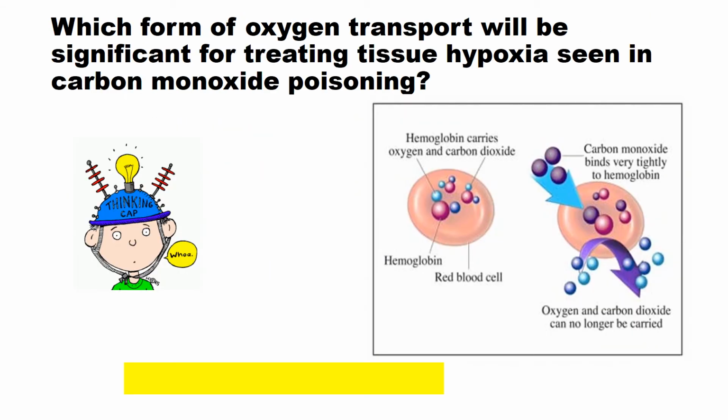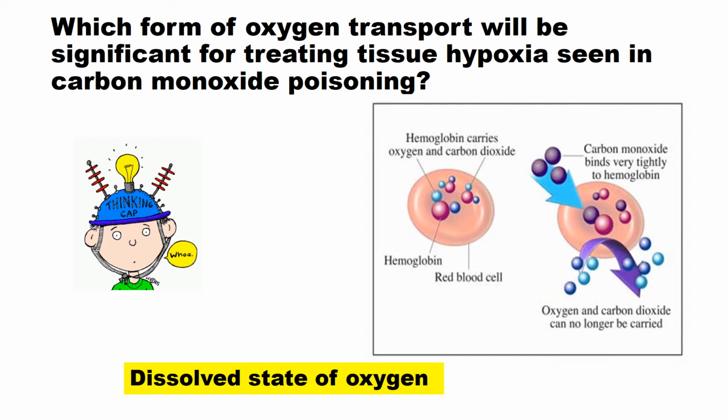Now the question is, which form of oxygen transport will be significant for treating tissue hypoxia as seen in carbon monoxide poisoning? The answer will be the dissolved state of oxygen. Why? Because we know that carbon monoxide and oxygen are competing for occupying the same site in hemoglobin for the transport mechanism.